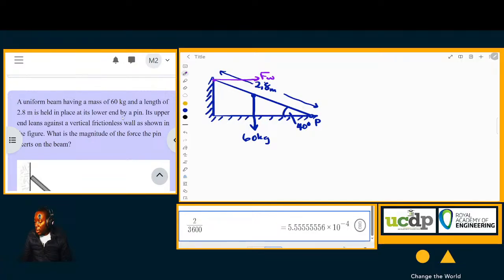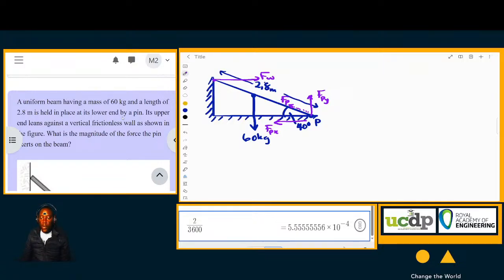From here, we've got a component that's upward, we can call it Fp in the y, and we also have a component Fp in the x, such that Fp is the resultant force at P. We've got a resultant there, Fp.